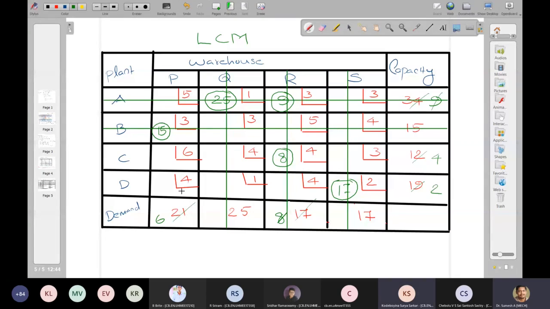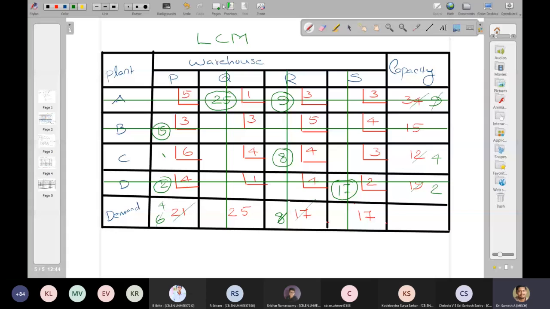So I can give that 2 over there. The left out will be 4, so that row also will get eliminated. Now left out only is 4 demand and 4 capacity, so I can give it for CP. So CP is 4.